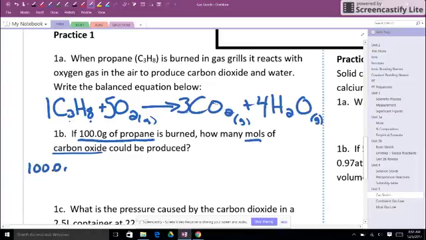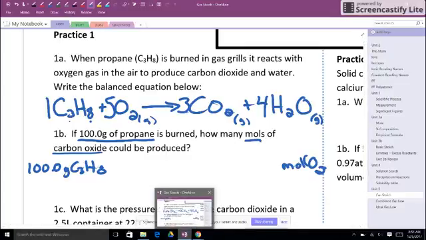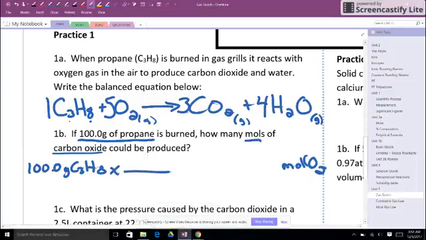So we're going to set up our 100 grams of C3H8 on the left. Let's write down what we know. We're going to moles of CO2, carbon dioxide. This is a grams to moles problem. Let's think for a second. How many steps was this again? Okay, that's 2. First step is canceling out the grams of C3H8. 44.11 grams of propane are in 1 mole of propane.